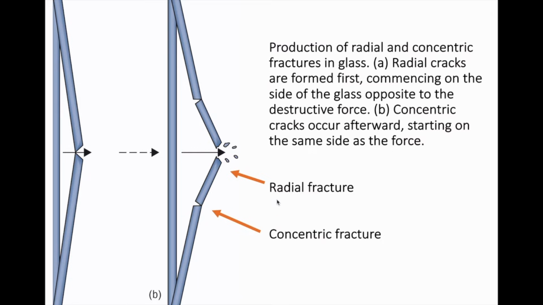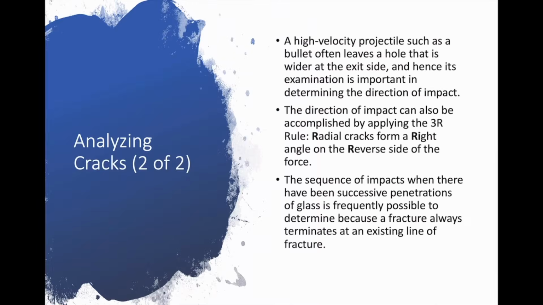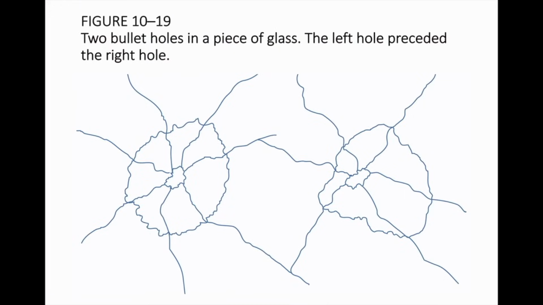This is one way you can determine if it's radial or concentric. Now, let me skip this slide for a second. If you're looking at it from the front, this is a radial fracture, radiating outward. But this is a concentric fracture. Okay.